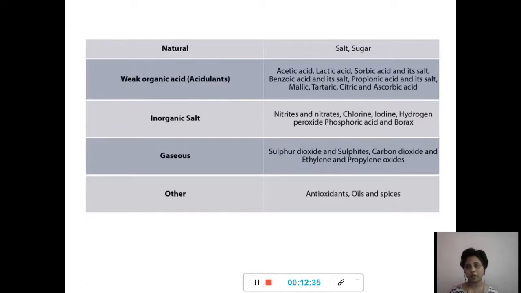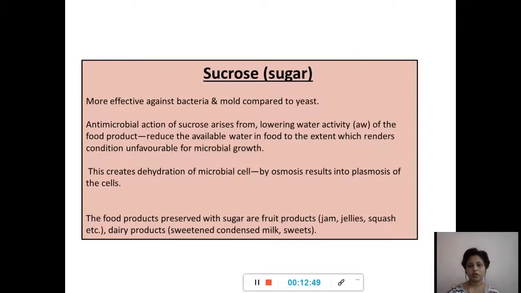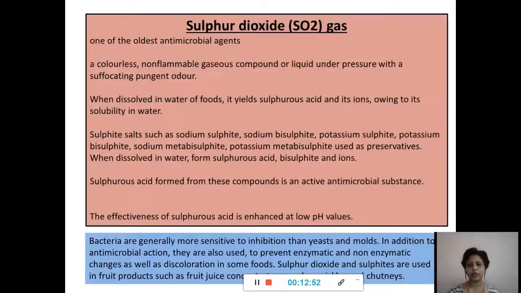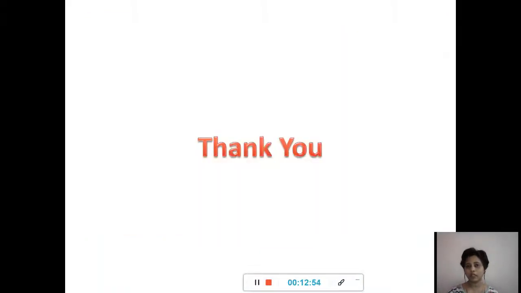We could use carbon dioxide in the storage condition so that it will inhibit the growth of microbial spoilage organisms. And ethylene oxide is a very good gas food preservative for preserving various spices. So I guess this is clear to you. And with this, we come to an end of chemical preservatives. Thank you for your attention.